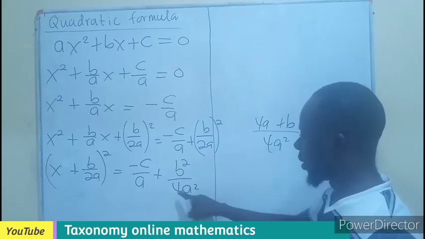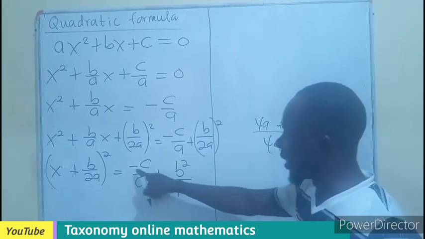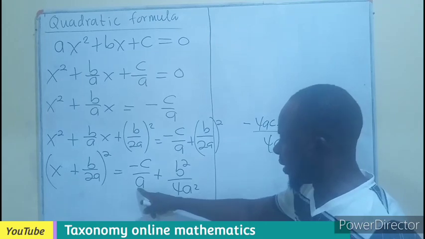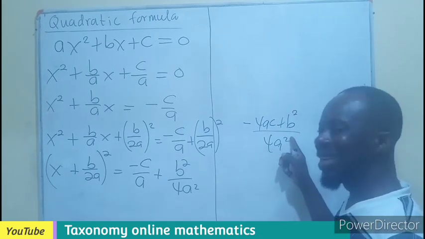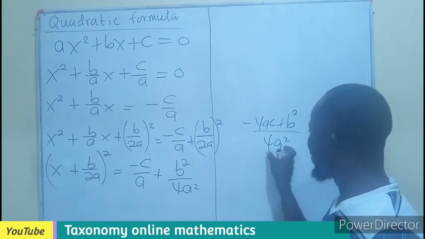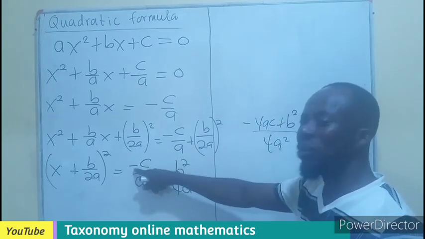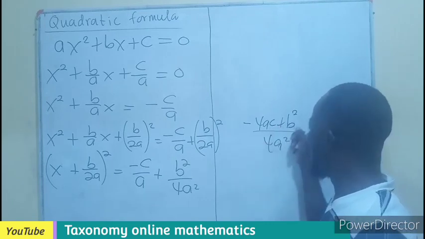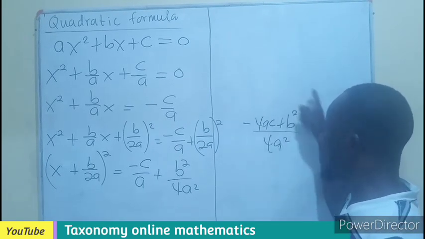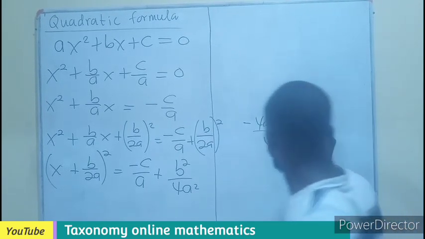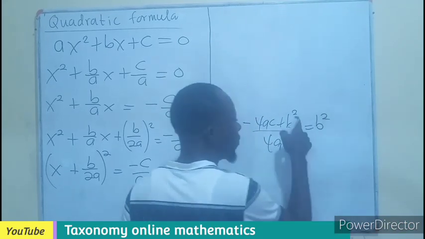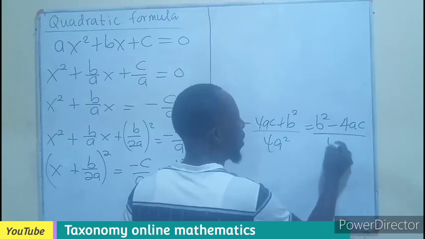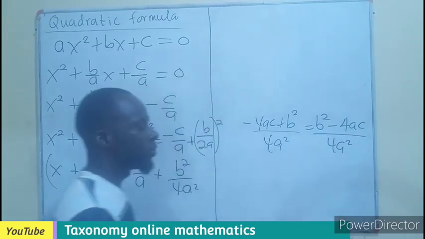Plus b, which is going to be squared. Don't forget, this is having a negative c, so we add it to it. This a is going here, cancelling the square, so we are left with 4a. The 4a will multiply the numerator, that will give us minus what? 4ac. We can rewrite this with the negative coming after the positive to become b squared first, minus 4ac, all over what? 4a squared.